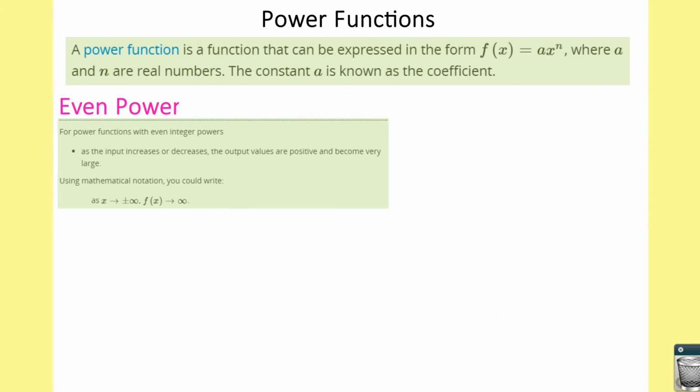Now to break it into 2 parts, you can have either even powers or, of course, odd. So let's start with the even powers. The most common one you've probably seen is 3x squared plus 5x minus 19.